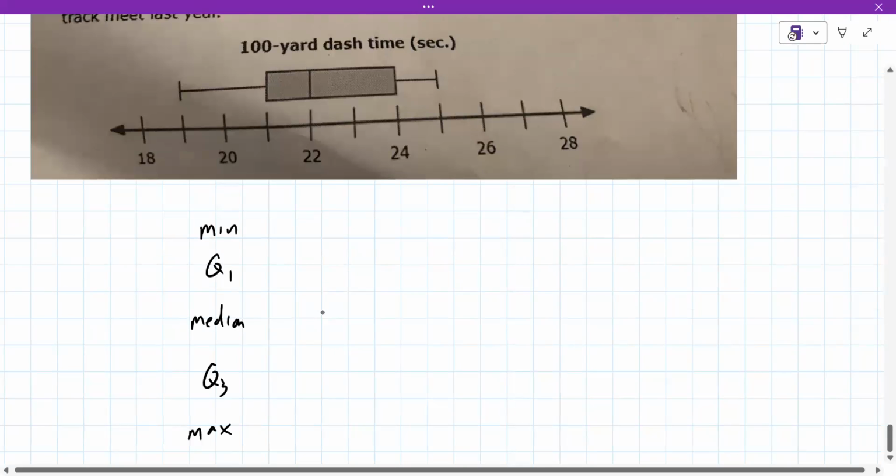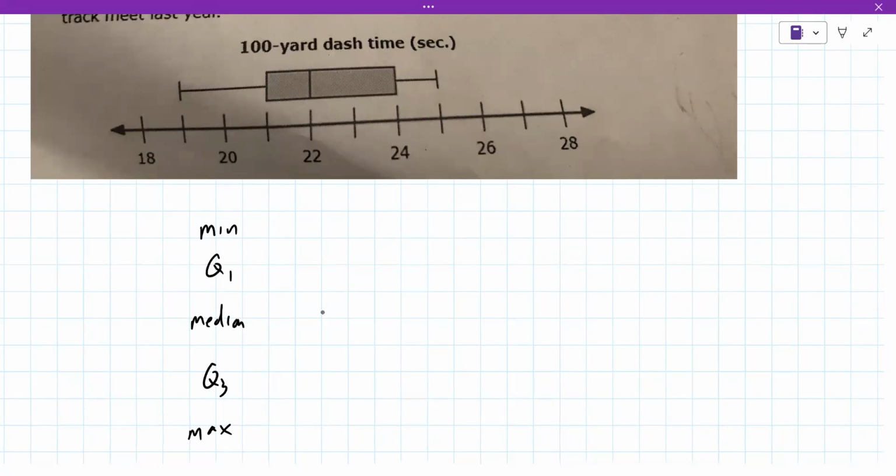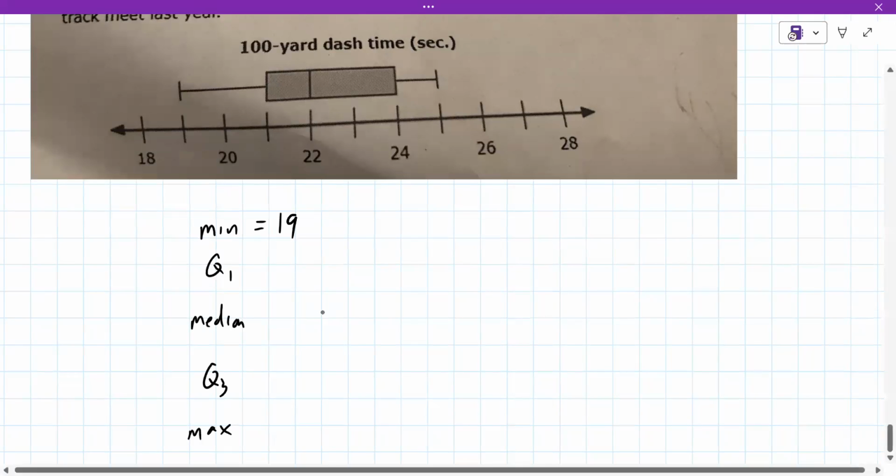Could you give me some of those values? Sure. So the minimum is 19. Q1 is 21. The median is 22. Q3 is 24, and the max is 25.